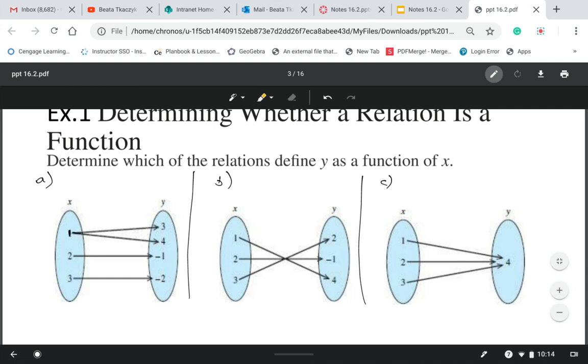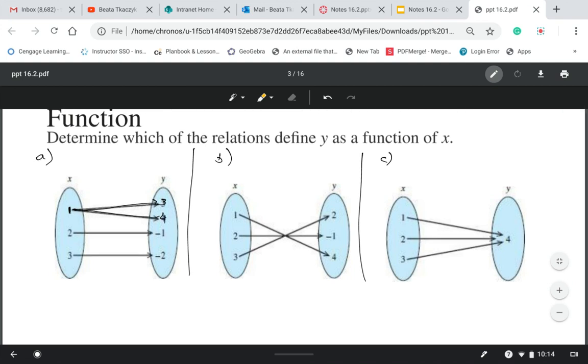The definition of the function is that each input has assigned exactly one output. So look what happened: 1 has assigned output 3, and also 1 has assigned output 4. So this is not a function. This relation doesn't satisfy the definition, because input 1 has assigned output 3, but also input 1 has assigned output 4.